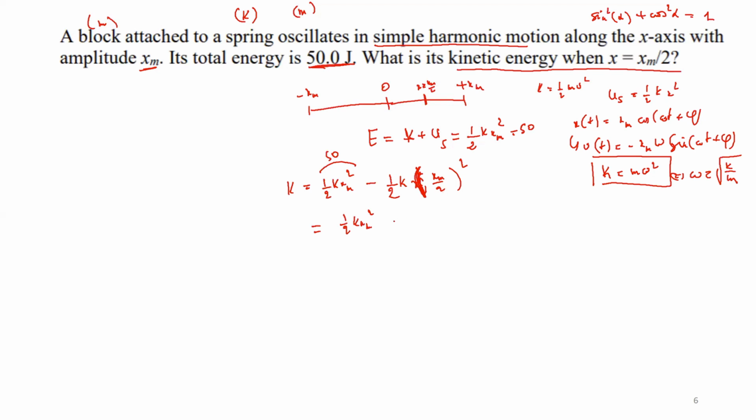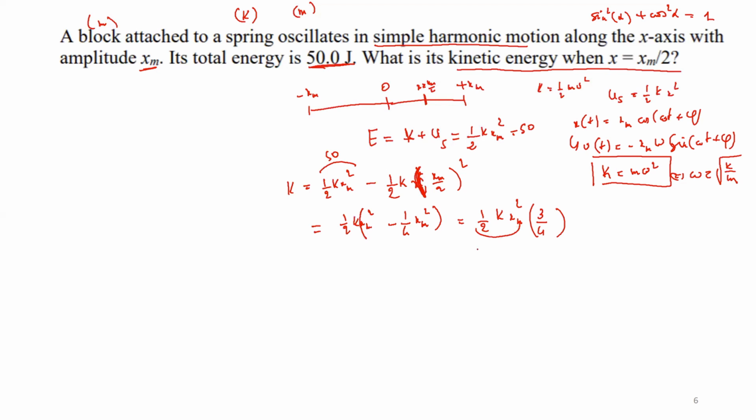Let me put 1/2 K as a common factor. I will have x max square minus 1/4 of x max square. So this will give me 1/2 K x max square, and here I will have 3/4.